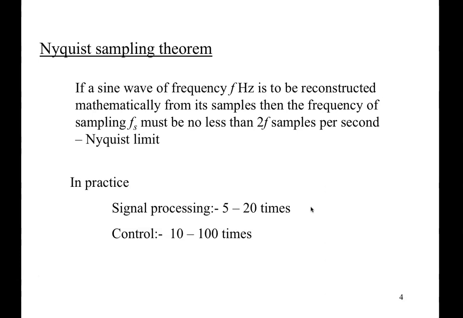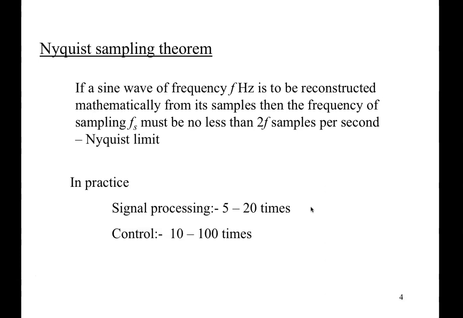For signal processing, it's about 5 to 20 times, but for our feedback control, we are talking about 10 to 100 times the maximum frequency you have to deal with. So if your control system has a bandwidth of a particular frequency, then the sampling frequency you choose is 10 to 100 times, perhaps towards 100 times rather than towards 10.